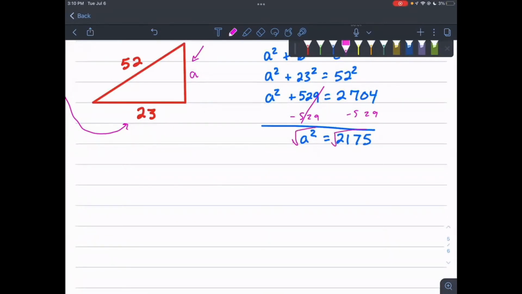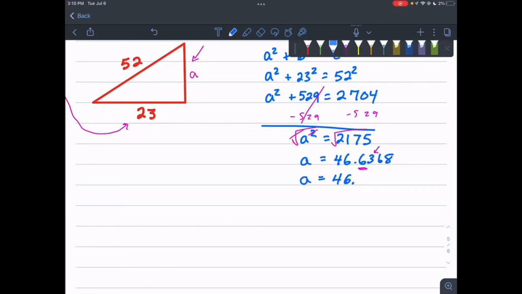Square root. And A equals 46.6368. So are we going to round up or keep it the same?